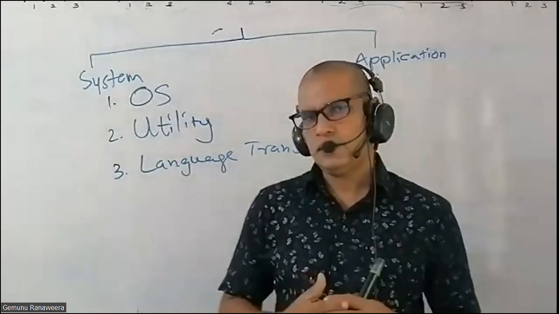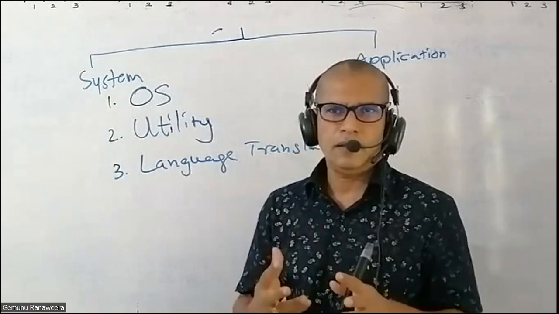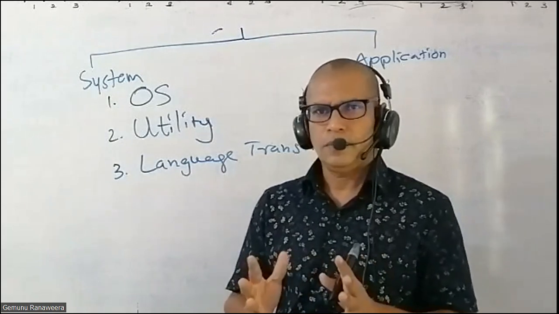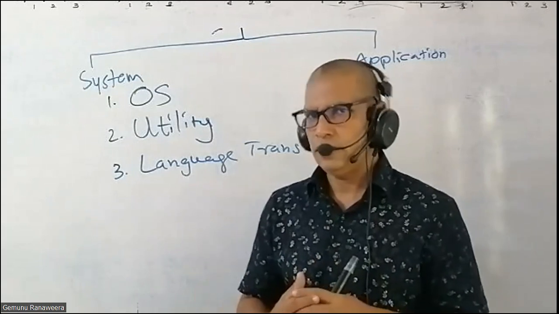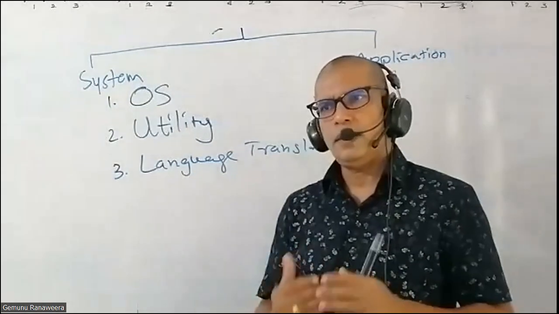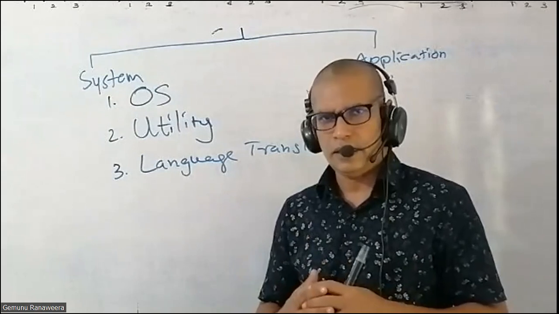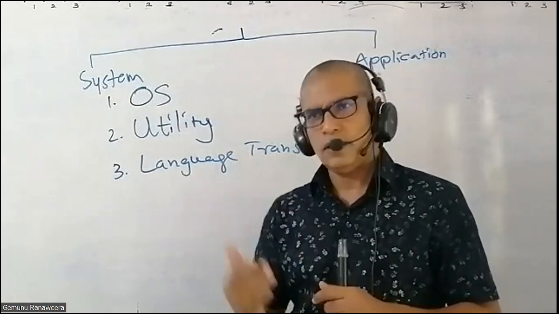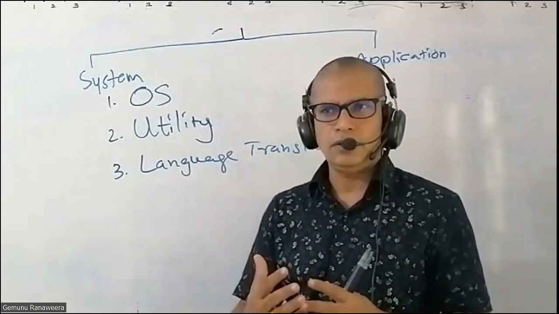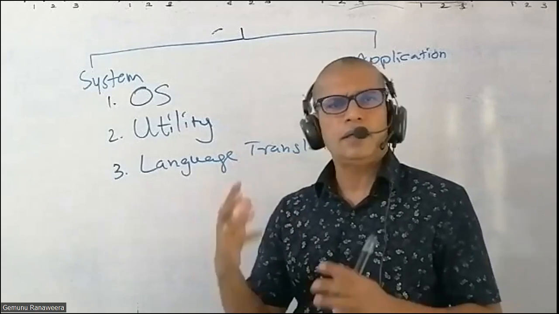And the language translators. We already know computer software are developed by using computer languages. There are popular languages in the world to develop software. Once we develop software, especially by using a second or third generation language, those programs should be converted into or translated into a machine understandable language to run them in the computer.